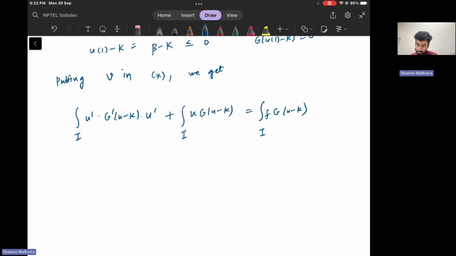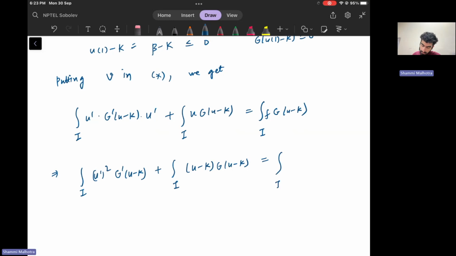So next what we can do, this whole thing I can write as integration over I of u dash squared times g dash of u minus k, plus integration over I of u minus k times g of u minus k, and I can add and subtract k times g of u minus k, giving integration over I of f minus k times g of u minus k.